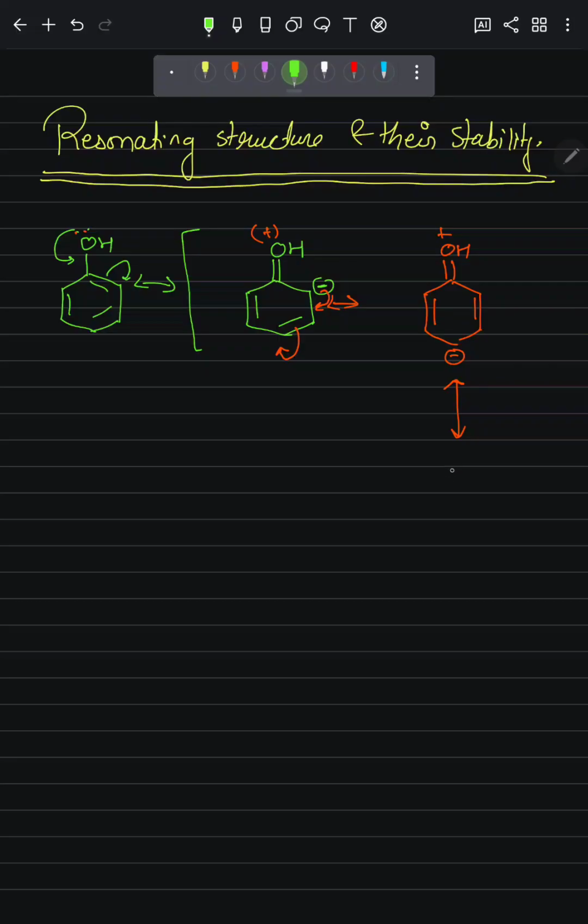Here, this negative electron density goes here and this goes from here to here. So the negative charge can be found here, a double bond can form here, and this is oxygen and hydrogen, and a positive charge can be. So these are the three resonating structures.